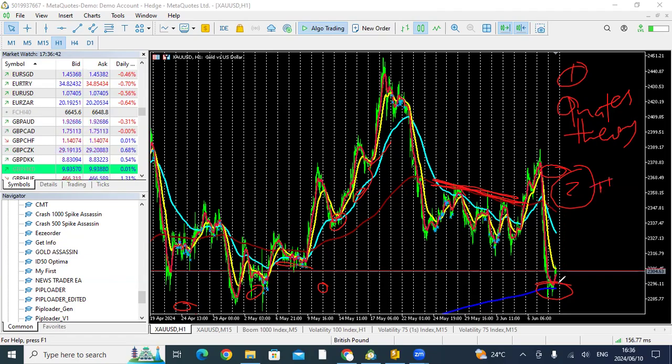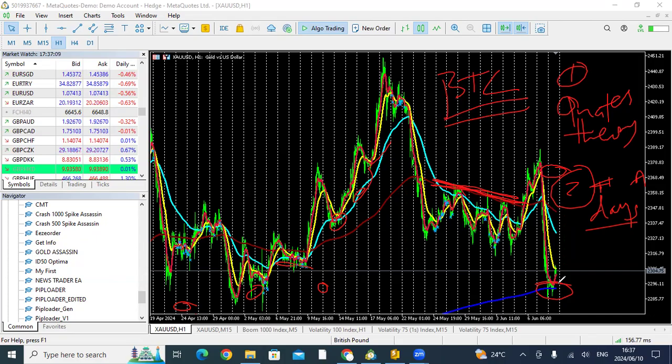So, don't be deceived by the number of days being 5 for gold, because gold is open 24/7, except that you don't see it, and that's why you have all these gaps happening after the weekend. Then also for things like Bitcoin and all the other crypto, they open 24/7 also.